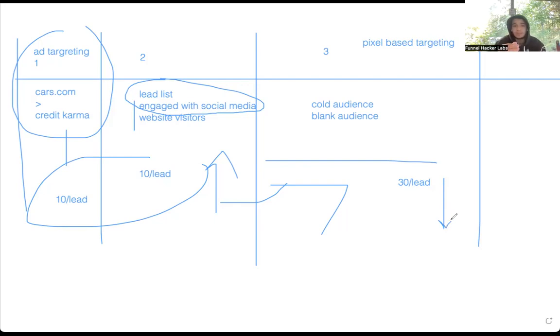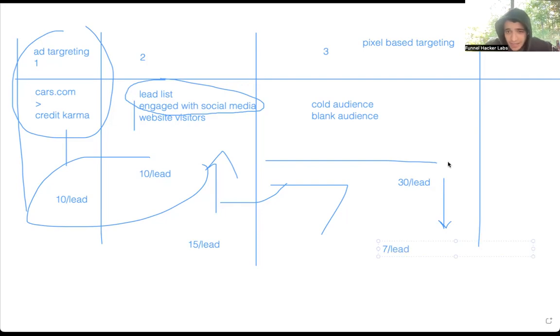So when I do this, I use these cold audiences more so, not necessarily as a way to get leads, but more so as a way to train this pixel. Because eventually you're going to find that this cost per lead over here is going to go up to maybe like $15 per lead. But then over here, maybe in a week, maybe 2 weeks, instead of this being $30 per lead, because the algorithm has learned, it's going to go down to maybe $7 a lead.